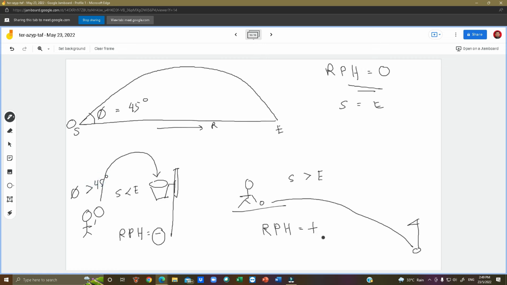For RPH positive, the recommended theta is less than 45. Kalau kat sini kita bagi 45 apa jadi? Dia jadi macam ni. 45. Tak sampai. Kalau yang ini kita bagi 45 apa jadi? 45. Tak sampai. And that is the reason why we need to know RPH. Okay, barulah kita boleh determine the recommended angle in order to execute the action.